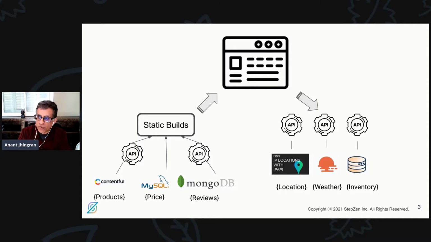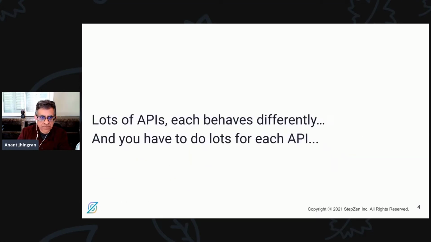You may want to tailor your message based on weather, so you may connect with Open Weather Map, or you may want the latest inventory available, which is different from the static builds. So APIs play a role both during static builds and at runtime, and that I think is fundamentally important to really succeed with Jamstack.